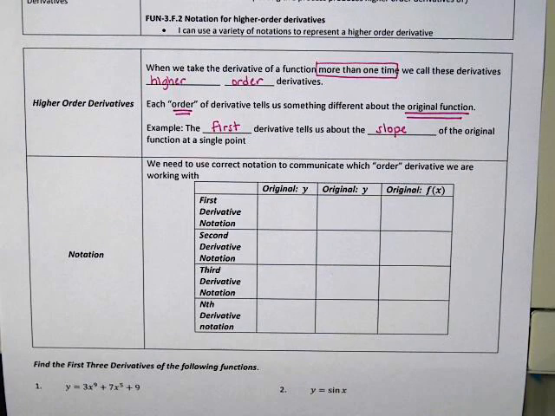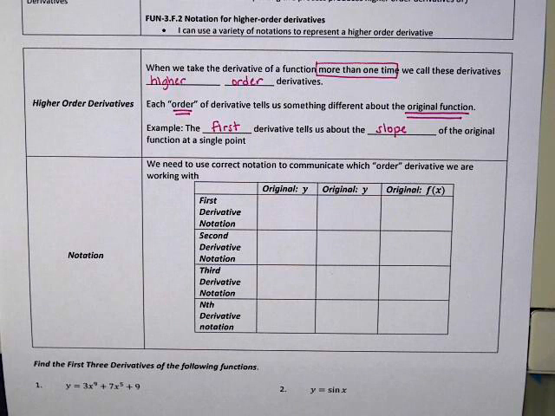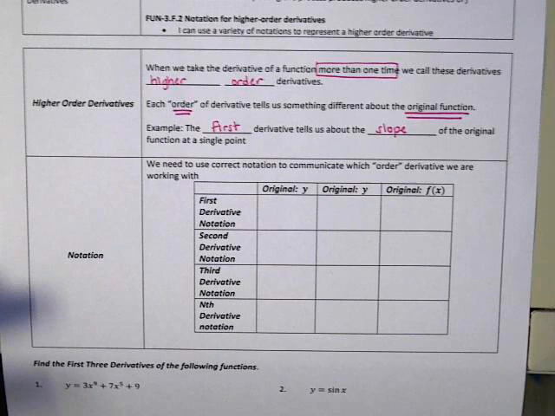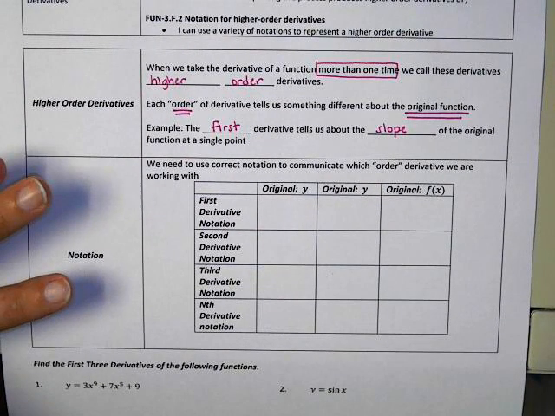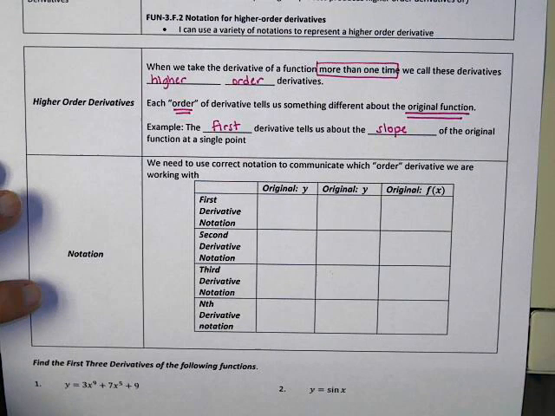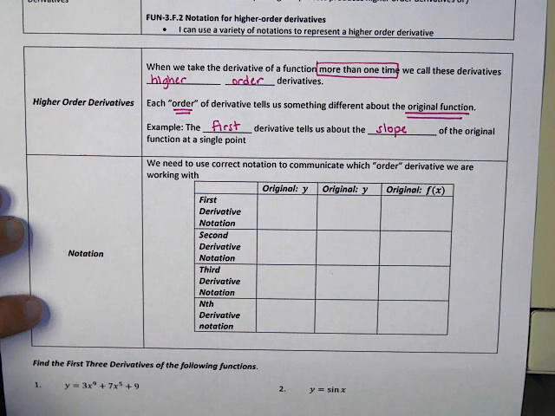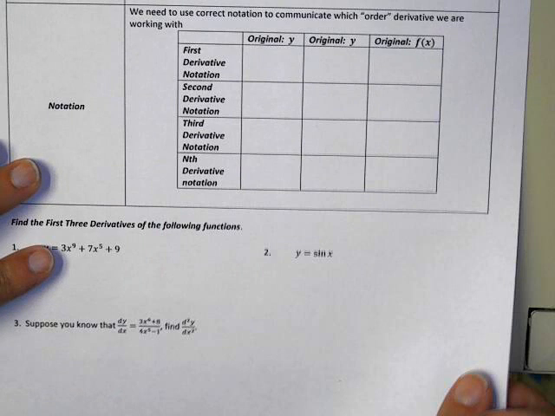Later on, we're going to learn that the second derivative tells us about a different aspect of the original function. So it's important to make sure that we use the correct notation so that we know which derivative we're working with, because each one means something different when we apply it to analyzing the original. So let's talk about notation.